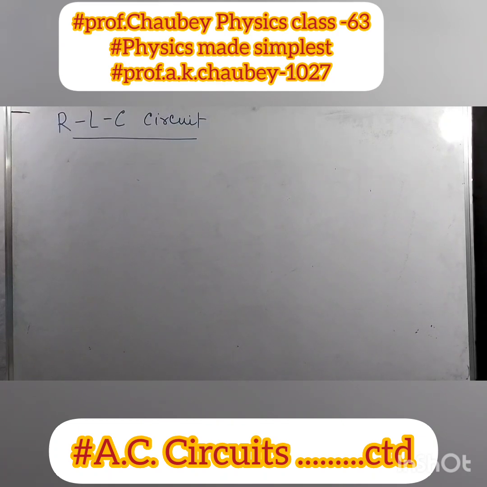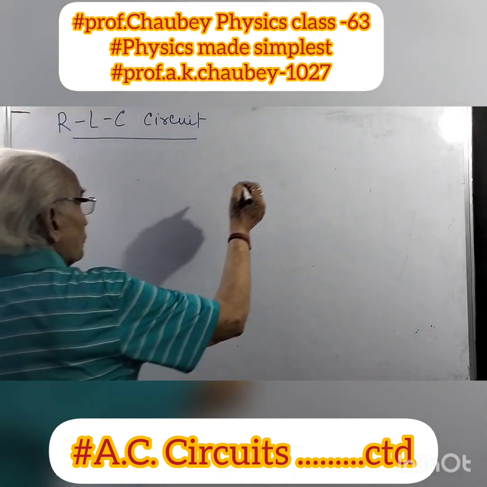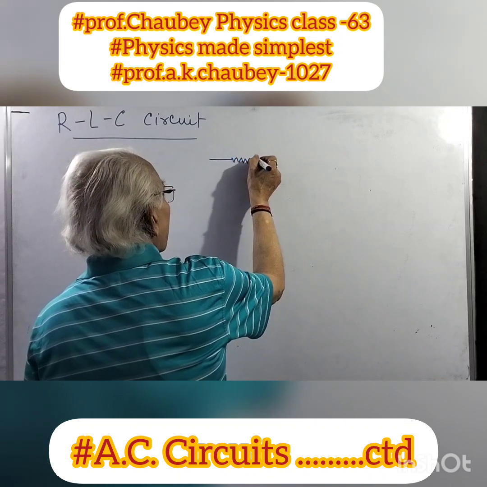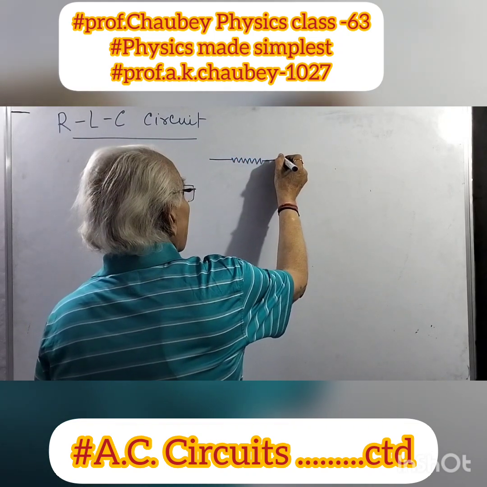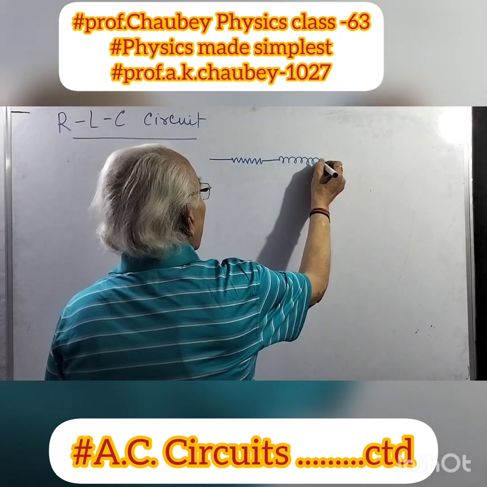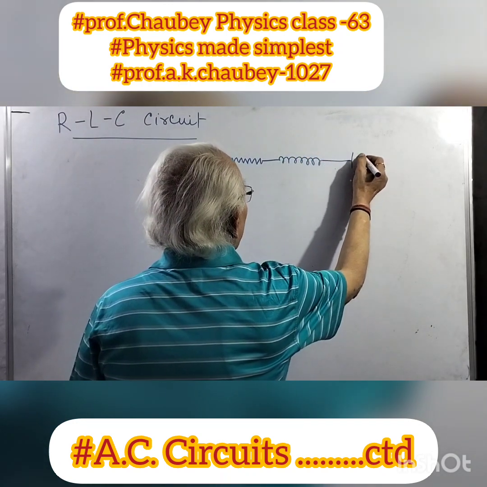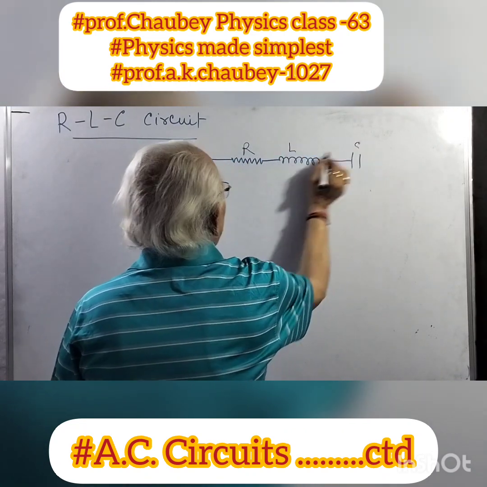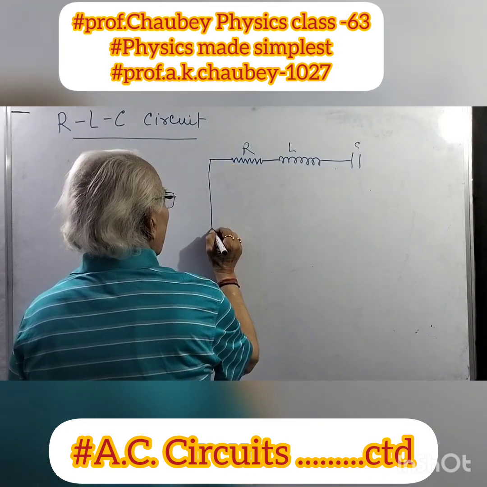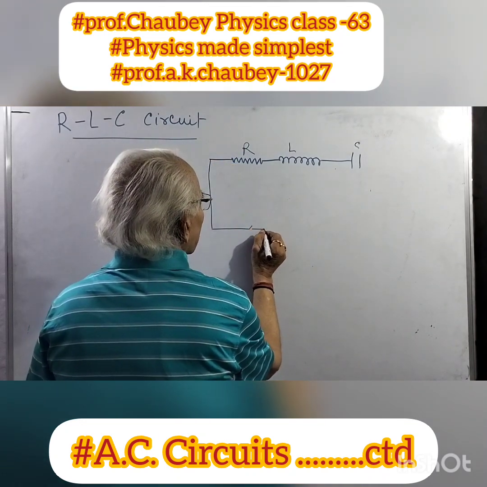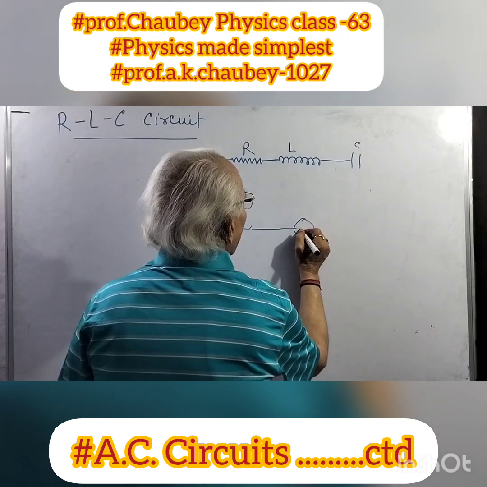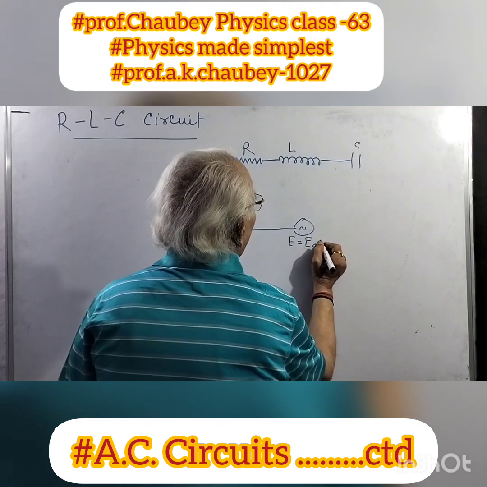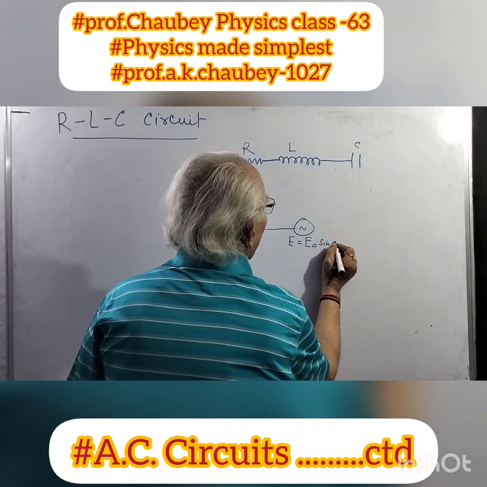Now we have a circuit, R, L, C, R, L and C. We put a key, just a circuit breaker, and E is E naught sine omega t.